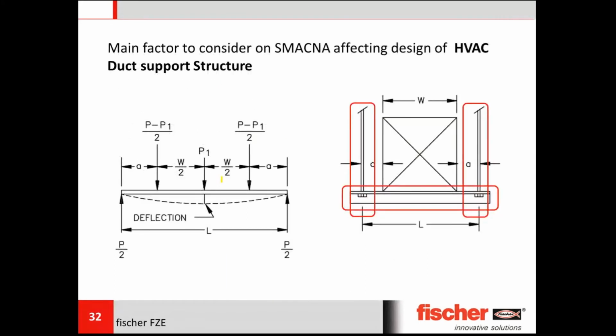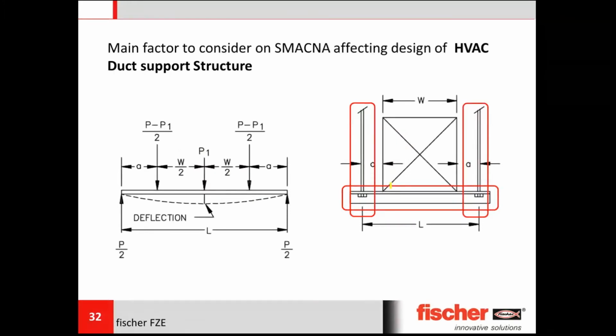The main factor to consider on SMACNA affecting the design of ducts is the way the calculation needs to be carried out. As per SMACNA, the main weight of the duct should be applied in the middle, and then half of the weight left should be applied at the two corners where the duct is touching the channel.